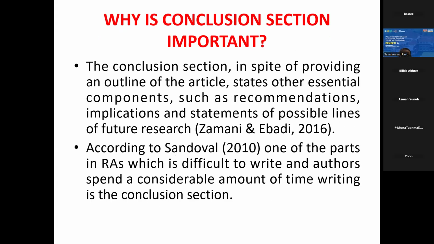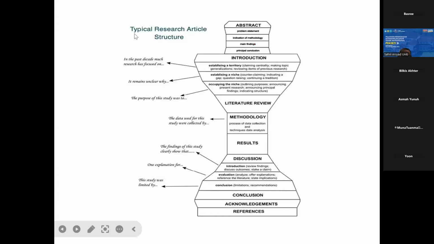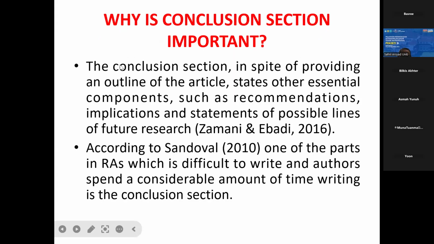The importance of the conclusion section: in spite of providing an outline of the article, this conclusion section states other essential components, such as recommendation or suggestion and implication of possible lines of future research, or suggestion for future research.